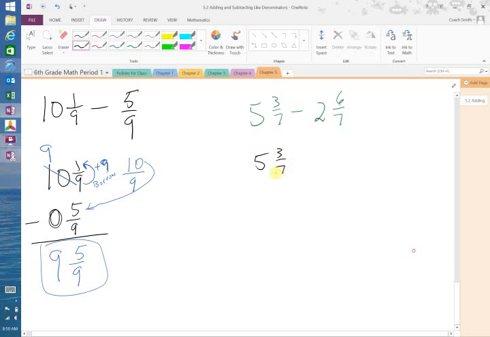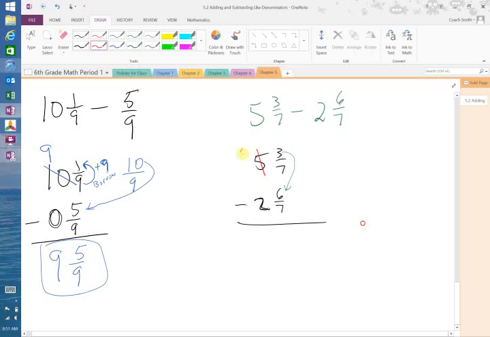First, we go vertical with them. Now, can we take 3 minus 6? No, can't do that. So we have to borrow.